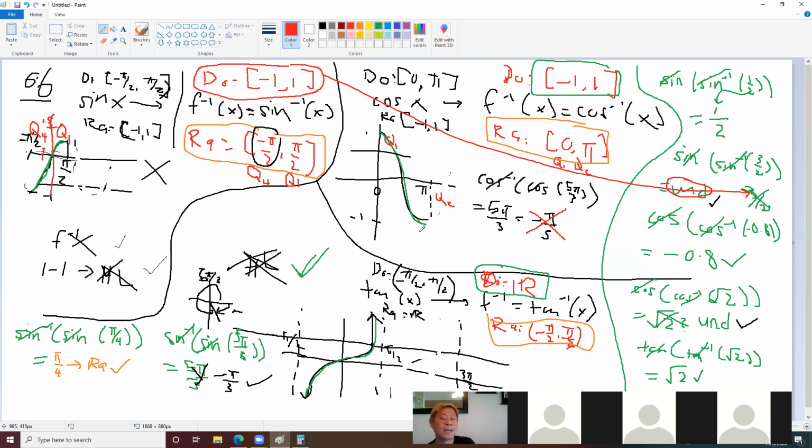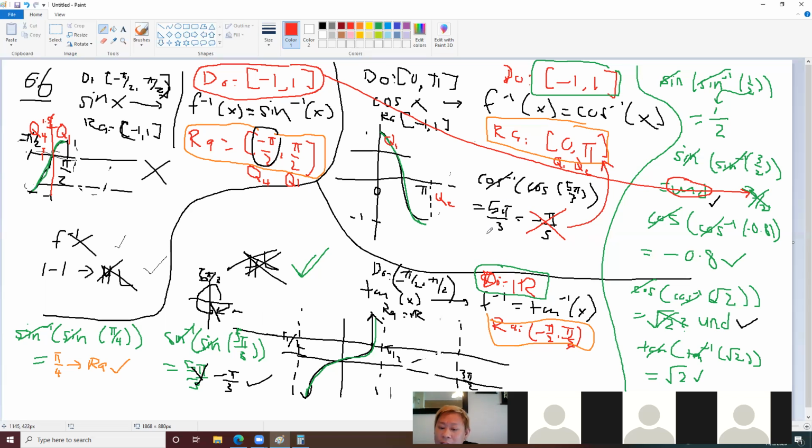Does anyone know why that is wrong? See, this is all difficult. Anyone know why that is wrong? Cosine is only quadrant 1 and 2. You are correct. Cosine only goes from quadrant 1 and 2. Negative pi over 3 is quadrant 4.